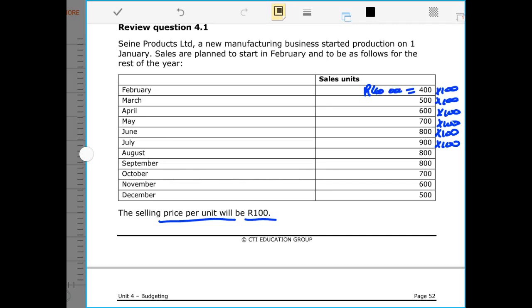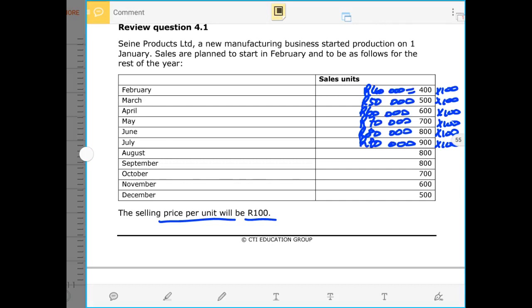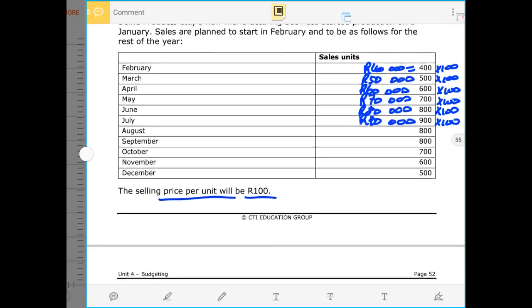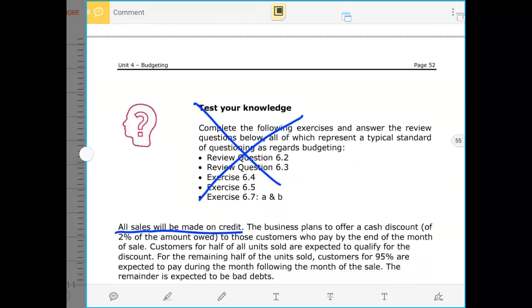They are telling us that the 40,000, the 50,000, then 60,000, 70,000, 80,000 and 90,000 are all on credit. So all these sales were made on credit. These are the total sales, and I have recorded them already, and we'll use those workings as we progress with the question.